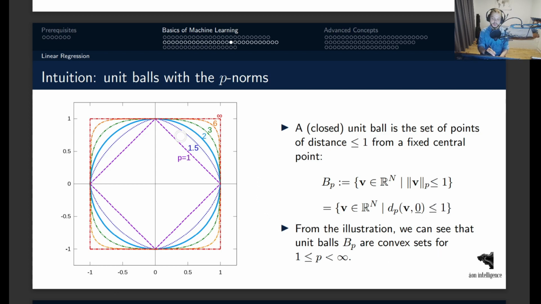And let's have a look at this illustration to see this in action. We first consider the case where p is equal to 1, and this corresponds to this shape. So all points within that square, as well as the points at the edges, form the closed unit ball with respect to the L1 norm.